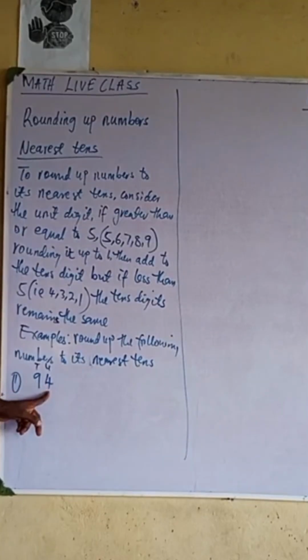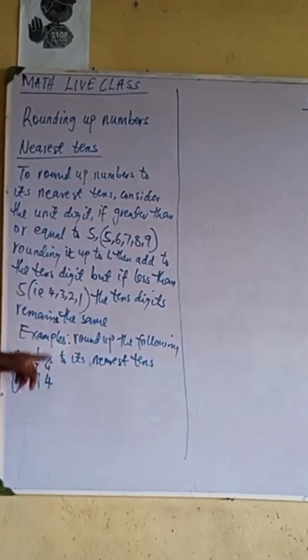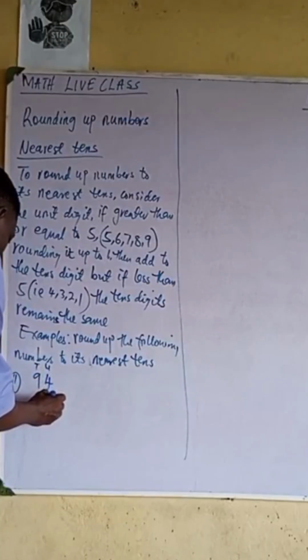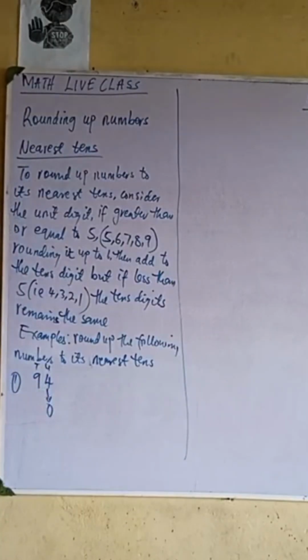So look at this. This is the tens digit. This is the unit digit. So in this case, the unit digit here is less than 5. So the first thing we do is replace the unit digit here with what? With 0. And the rule says that the tens digit remains the same.